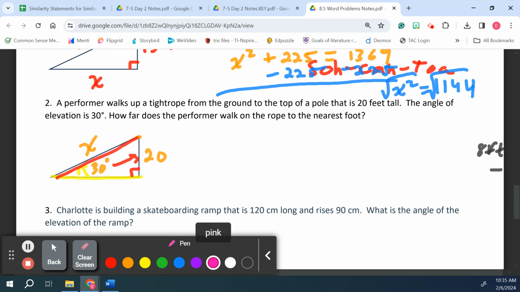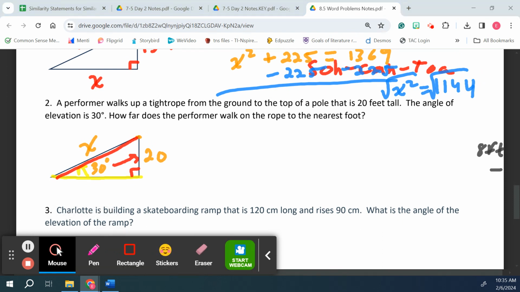What am I using here? Sine, cosine, or tangent? I don't have enough information for Pythagorean theorem, so I've got to switch to trig. Someone tell me, sine, cosine, or tangent? Connor. Sine, nice job.